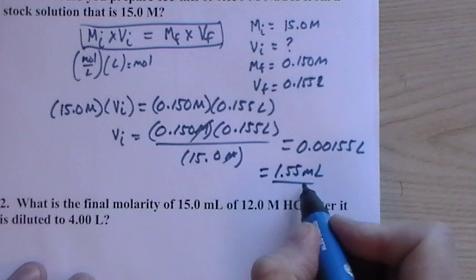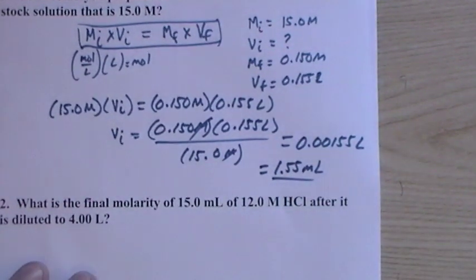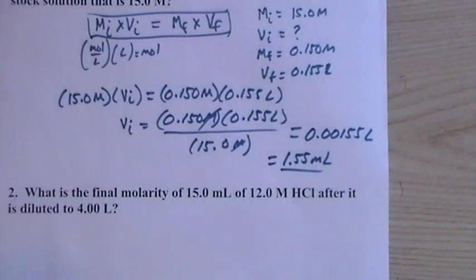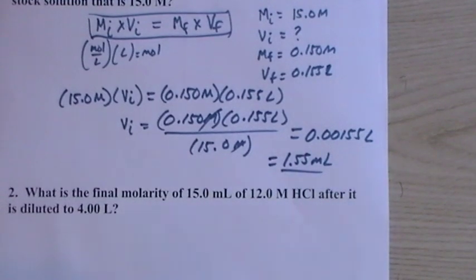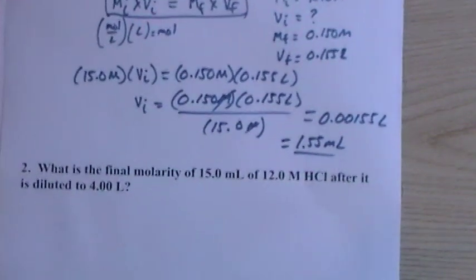And this is probably the better answer than liters, because this is such a small number here. Converting over to units that make a little more sense for us is better. I can easily envision the 1.55 mils, because I've dealt with our 10 mil graduated cylinders. I can picture that. 0.00155 liters, that's a little tougher.